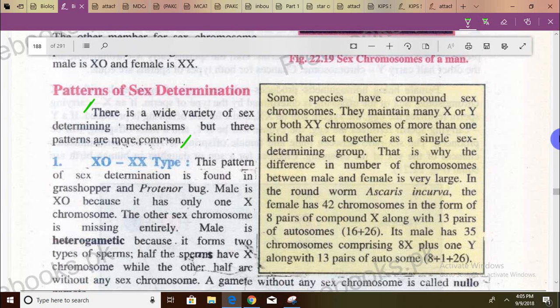So we have the Ascaris incurva. That is a roundworm. The Ascaris part is pretty telling. So the female has 42 chromosomes. And how does the female achieve that? Well, it's simple. Because there are 8 pairs of X, that makes 16, plus 13 pairs of autosomes.